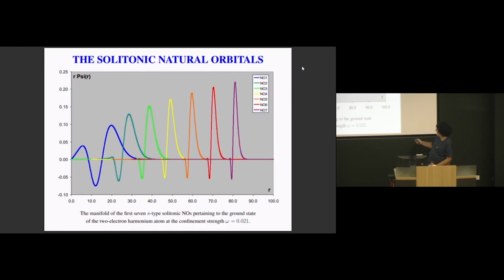Here is a very nice trail of S-type solitonic natural orbitals for a 2-electron harmonium atom at quite weak confinement strength. There are a few of them, and you can see that they have more or less the same shape. The farther they move away from the nucleus, the more localized they become radially, but they're all of the same shape, more or less, except maybe for the first one.